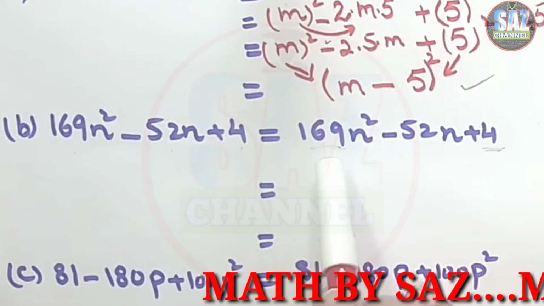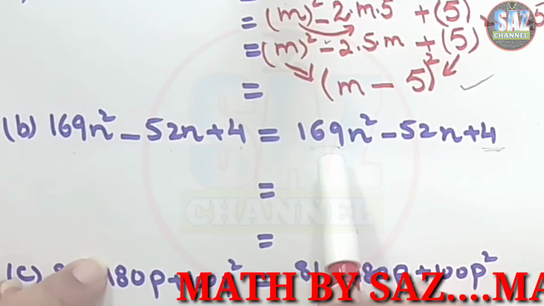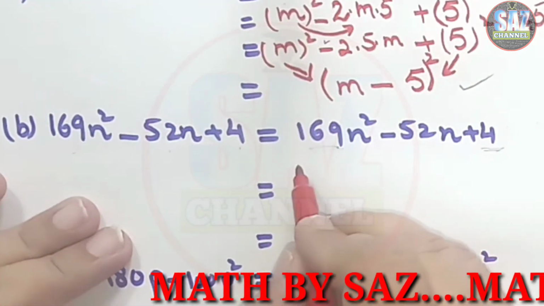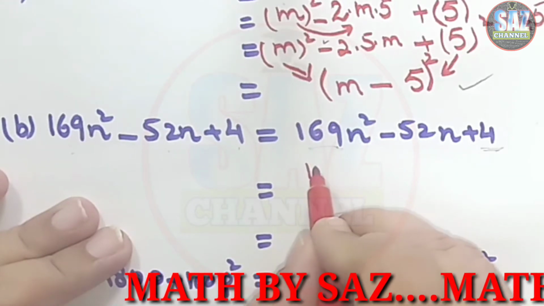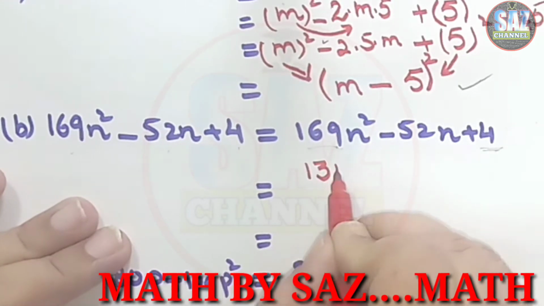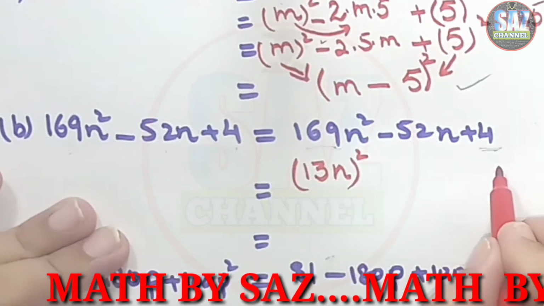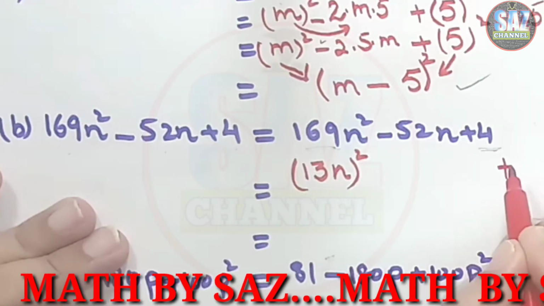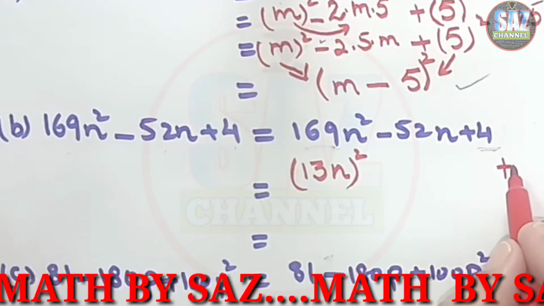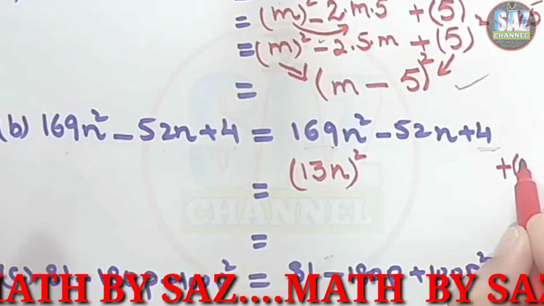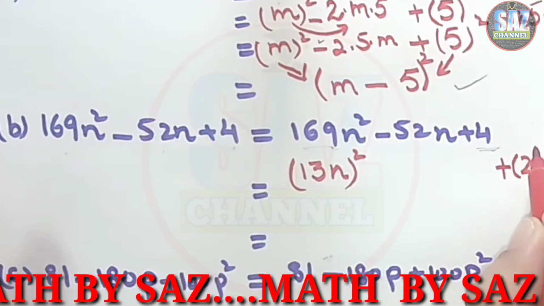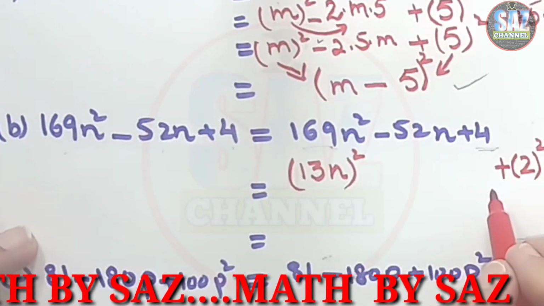Think about the number whose square is 169. I hope that is 13. So I can write it as 13n whole square. Coming to the last part, that is 4. What is the number whose square is 4? I have to write the square root of that number inside the bracket, and it will become 2 square.